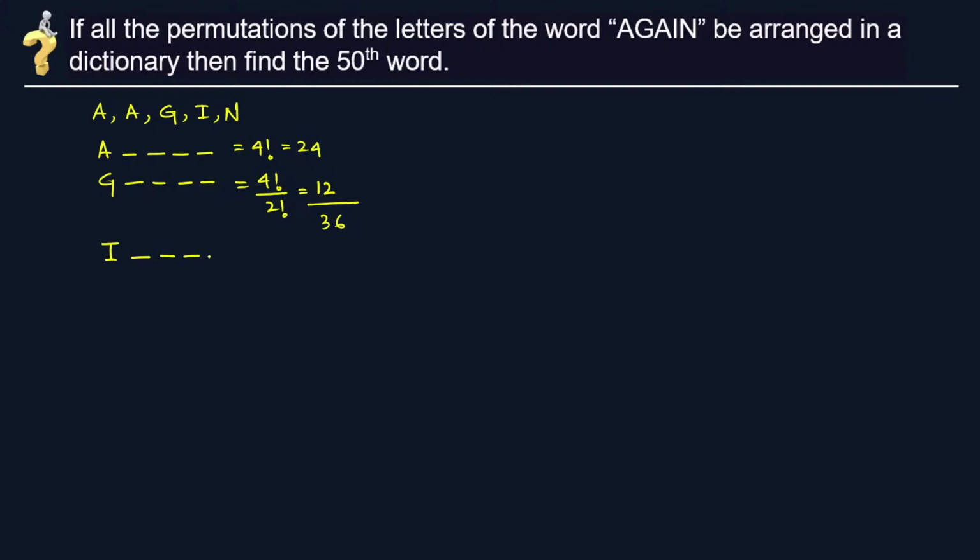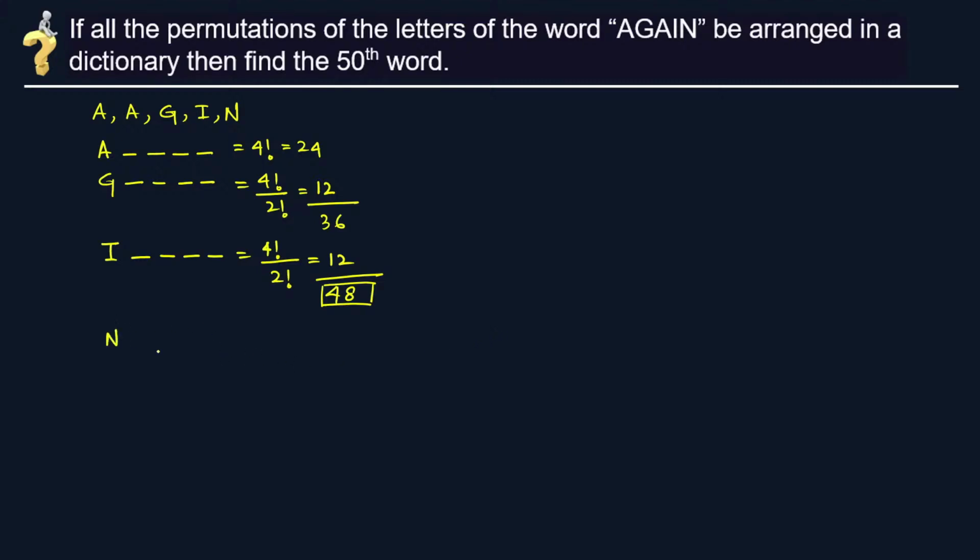And we are left with 4 places, out of which 2 A's are identical. So the total number of words that will be formed is factorial 4 by factorial 2, which again gives us 12. That is, till now we got 48 words which are already placed in the dictionary. Now we should be very careful.